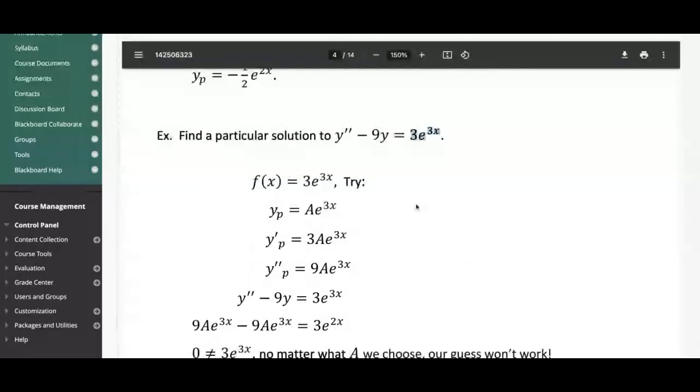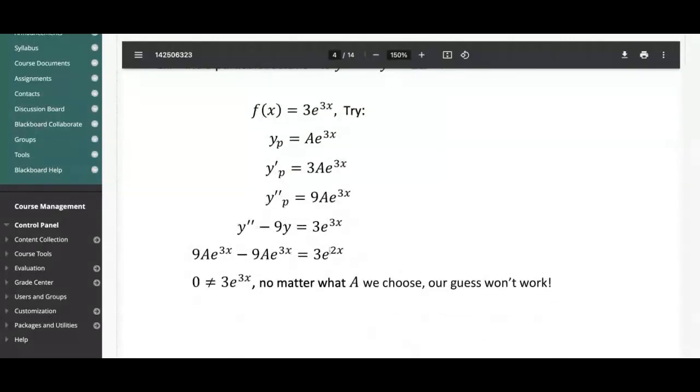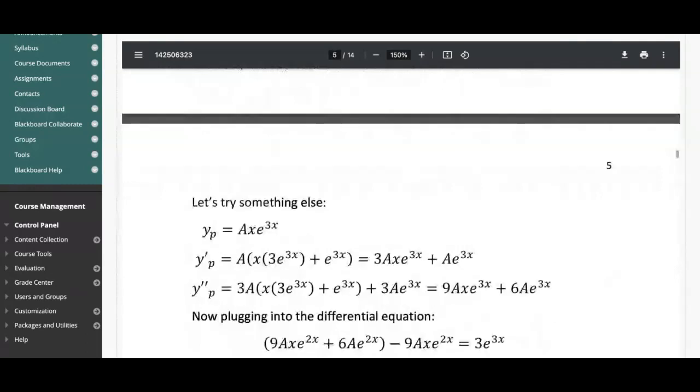That's a 3x, it's not 2x. e to the 3x. Sorry, that's a typo. e to the 3x. So that way it won't work.